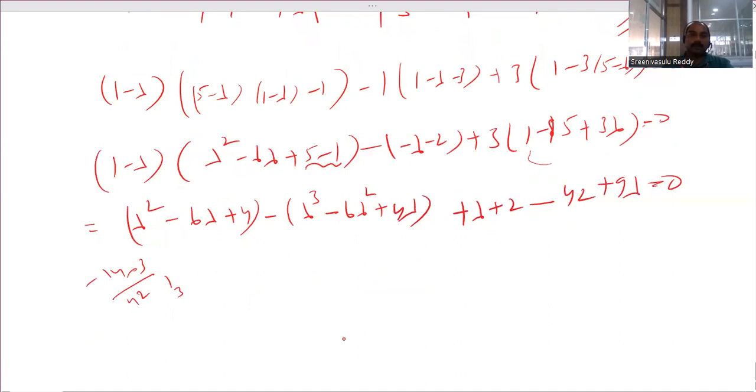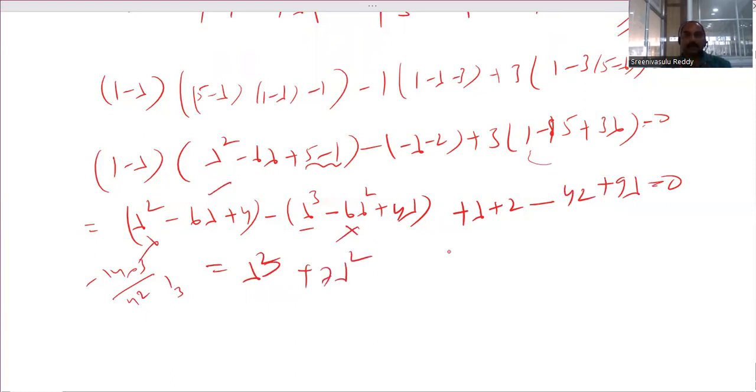Now simplify this, we get a cubic equation. Lambda cube, lambda squares, here one term, here one term. So minus plus 6 lambda, that means plus 7 lambda square.